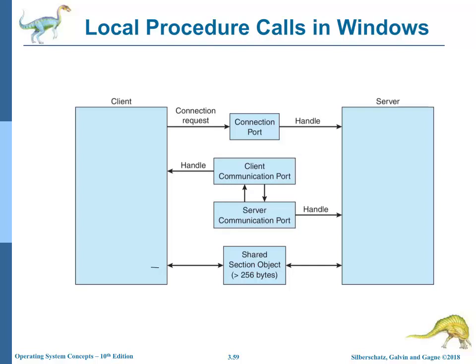Additionally, communication channels support a callback mechanism that allows the client and server to accept requests when they would normally be expecting a reply. The ALPC facility in Windows is not part of the Windows API. Hence, it is not visible to the application programmer.